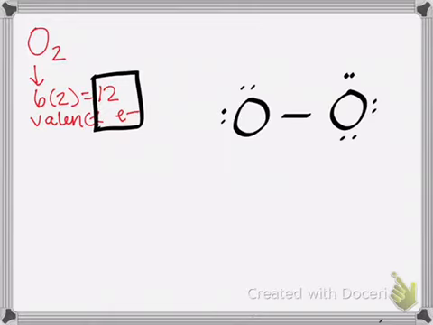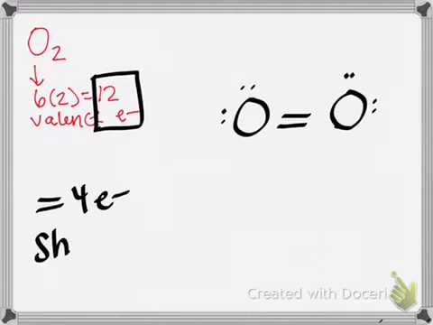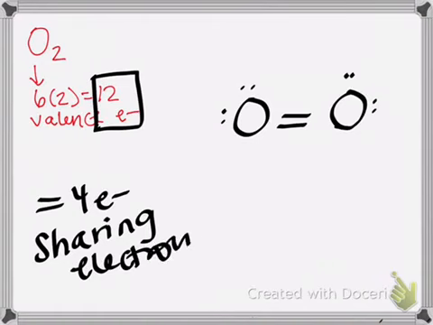So I'm just going to erase this lone pair here on the bottom. And then what's going to happen is I'm going to make a double bond. And the reason we're going to make a double bond is because a double bond represents 4 electrons, okay? And remember, we are sharing with covalent. We share electrons with covalent, okay?